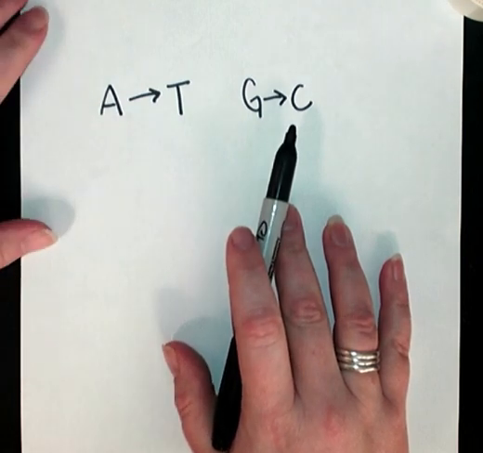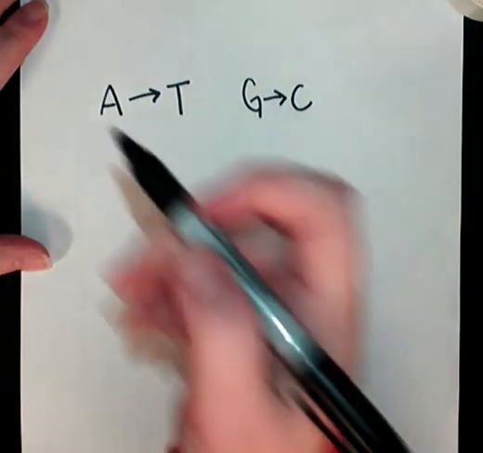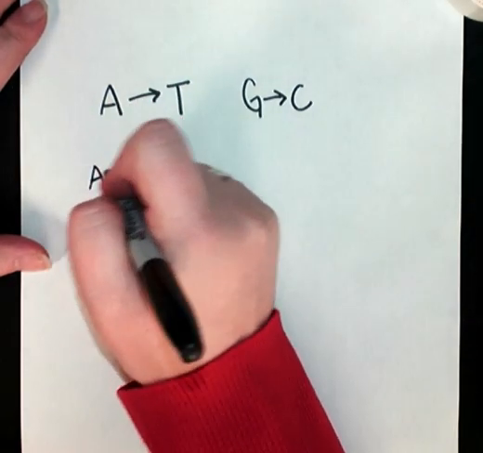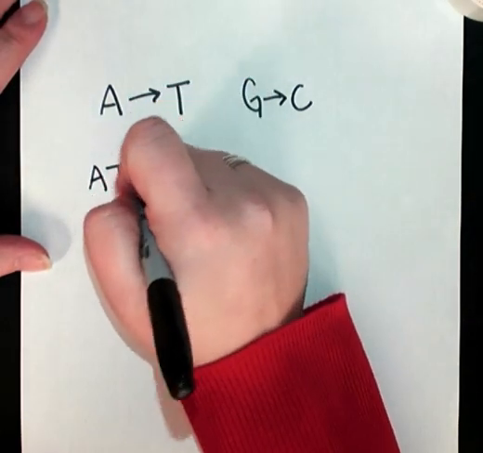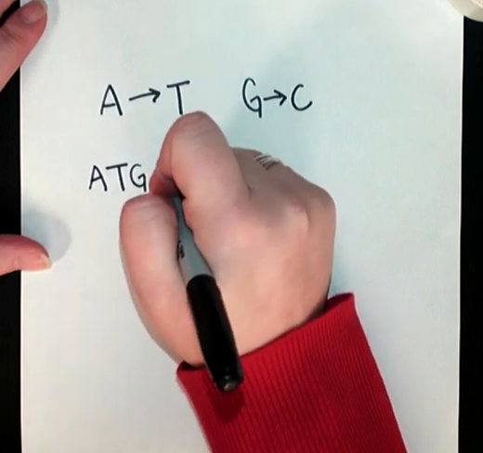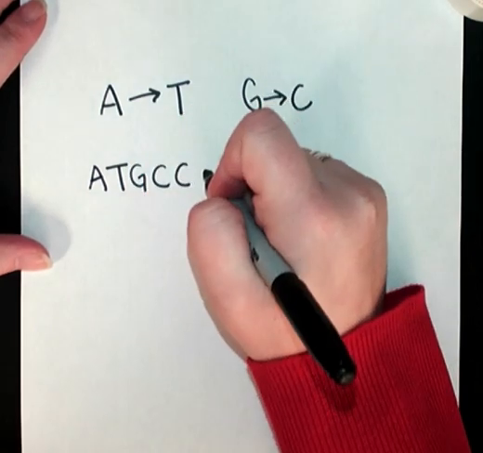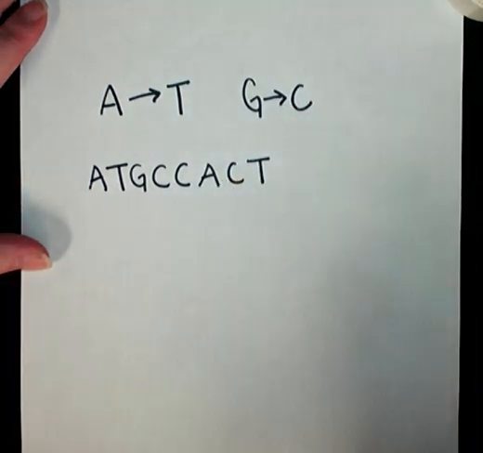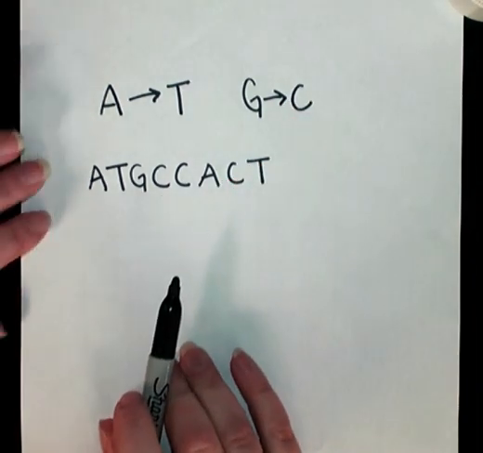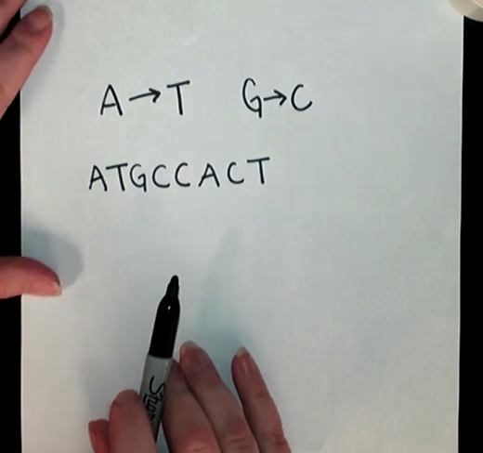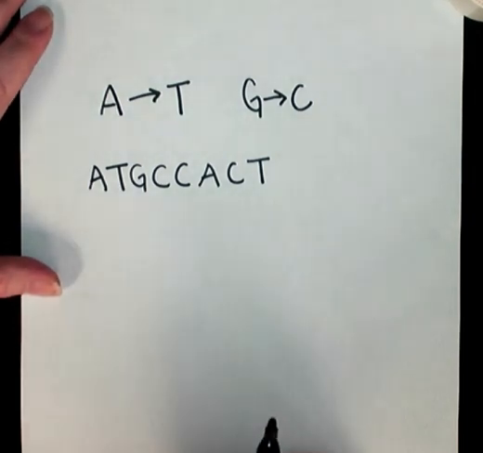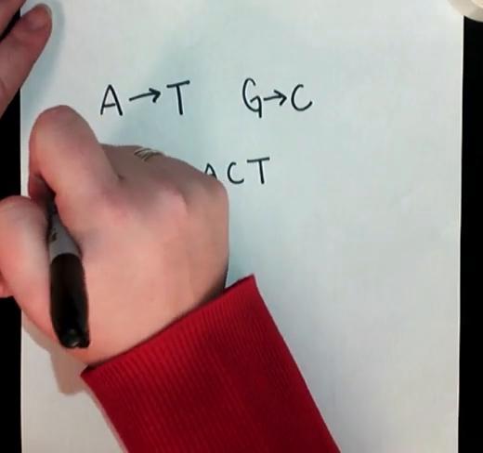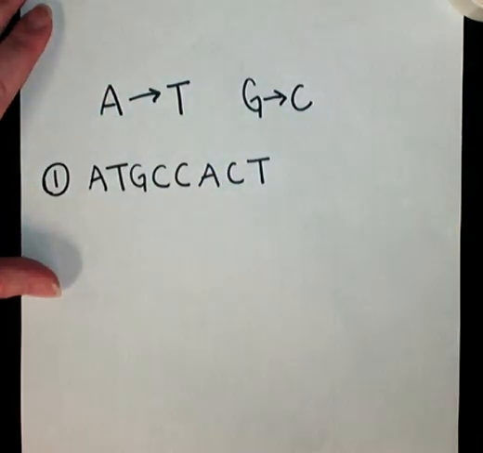So in the reading, it gives an example strand of A, T, G, C, C, A, C, T. Okay? And hopefully throughout the reading, you also recognized that it talked about how DNA has to come in 2 strands. So this is going to represent strand number 1.